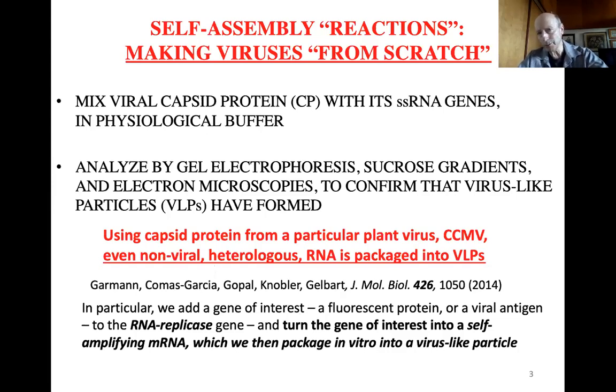And we don't just package this gene, we first add it in mRNA form to the mRNA coding for an RNA-dependent RNA polymerase, an RNA replicase gene, which we get from any of several RNA virus genomes we work with.